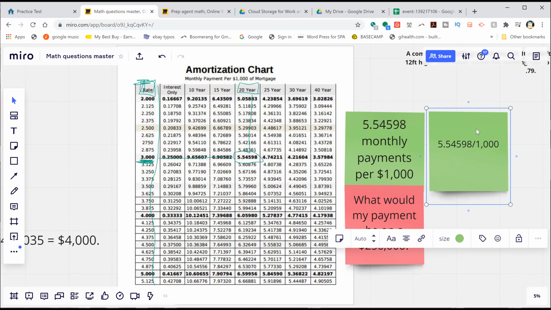5.54598 divided by 1,000. And you would get something like 0.00554598.